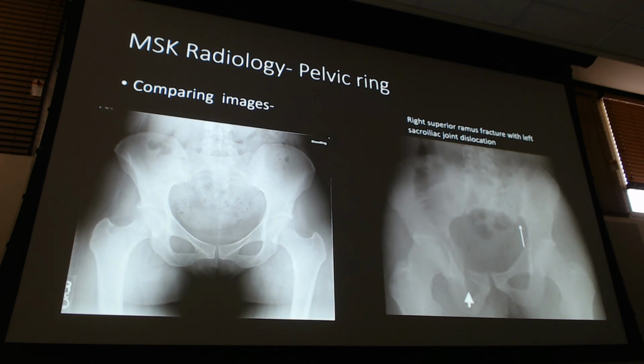I follow my cortex, I look at my normal. I should have this nice smooth circle here, bones all connected. Look at my tuberosity, everything's good. When I look down here, I've got this gap right there. Okay, that's number 1. So right now I'm like, okay, I have at least a stable pelvis fracture. But now I need to look everywhere else.